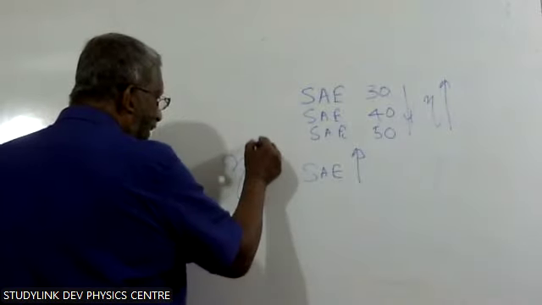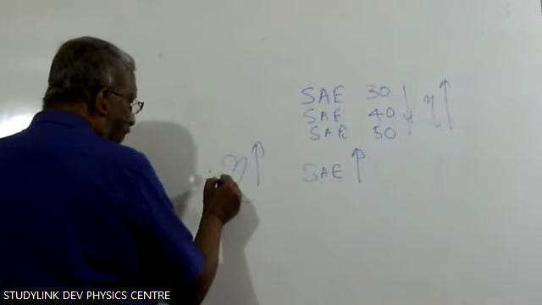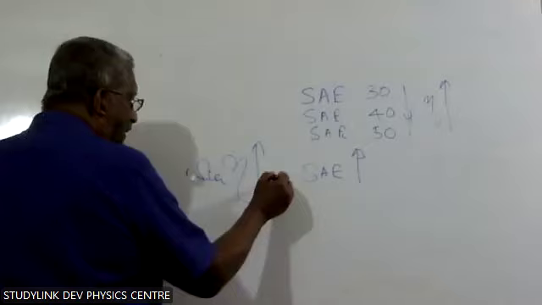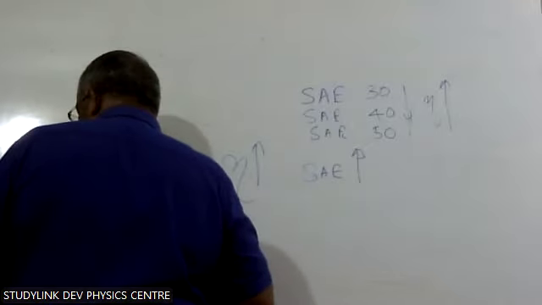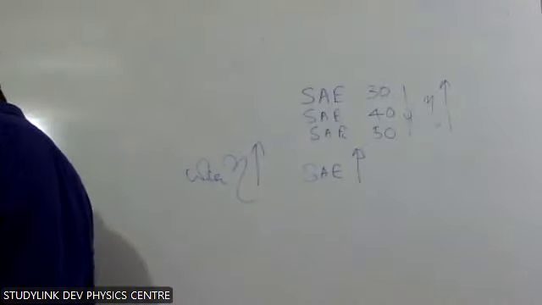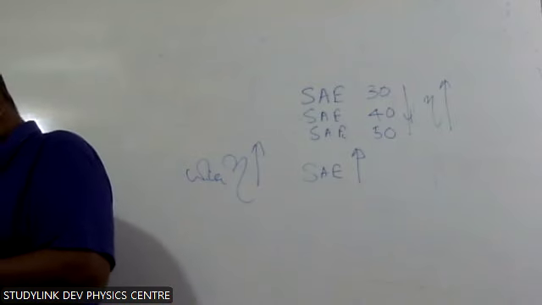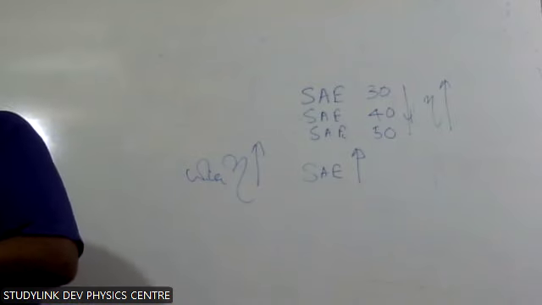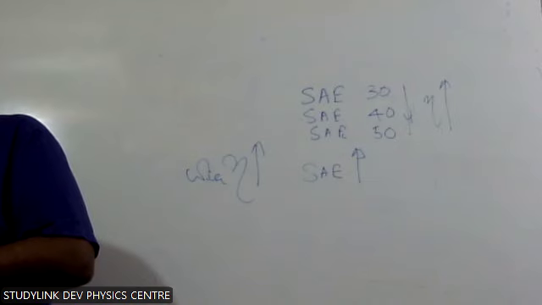So when the coefficient of viscosity of the lubricant increases, its SAE number also increases.